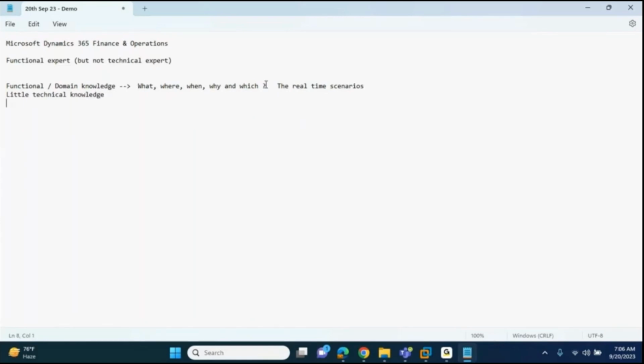Next, little technical knowledge. Next, ERP concepts. ERP concepts means enterprise level data, or ledger, subledger concept, number sequences, fiscal calendar.